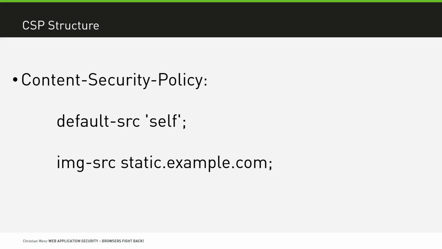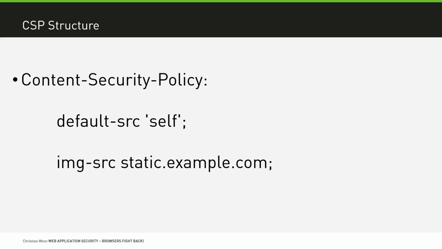default-src is the mother of all directives. So if a directive is not set explicitly, its value is taken implicitly from the default-src directive. What I'm saying here is default-src set to 'self' in single quotes. Single quotes in content security policy mean there are constants, special values, and 'self' means the origin of the current page.